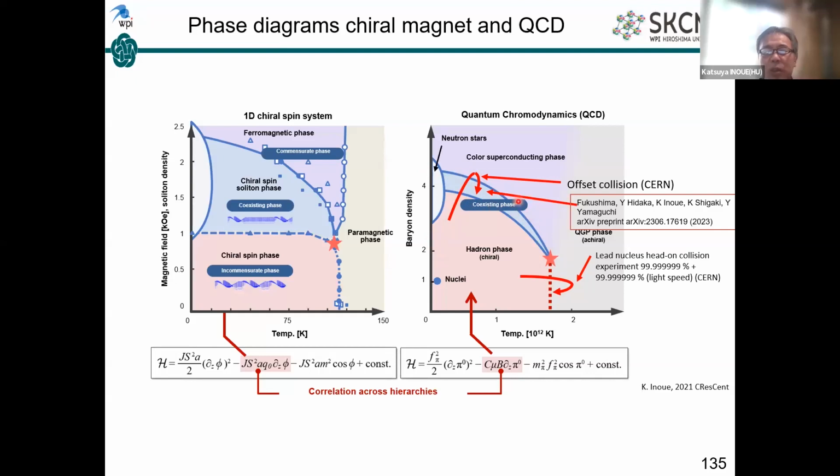Then just recently we published a theoretical investigation of this line in this paper.